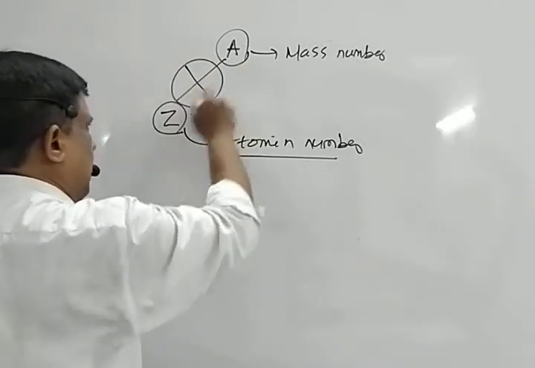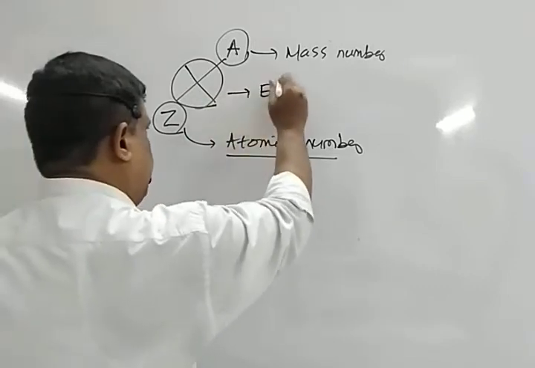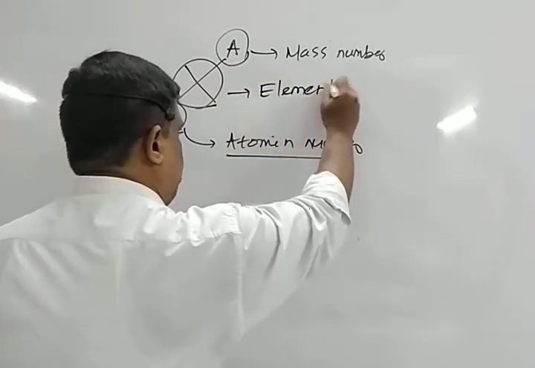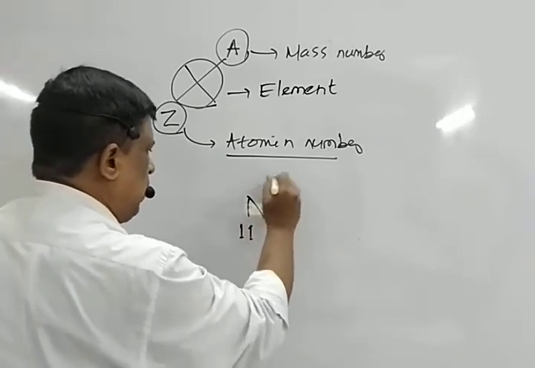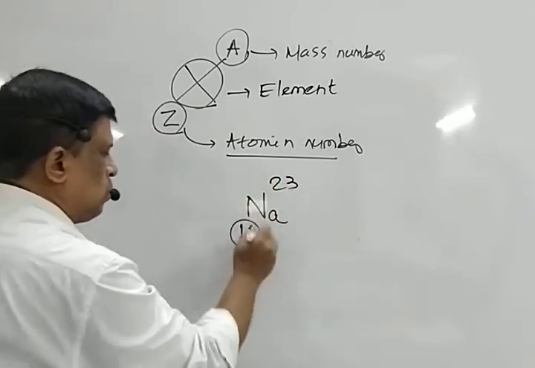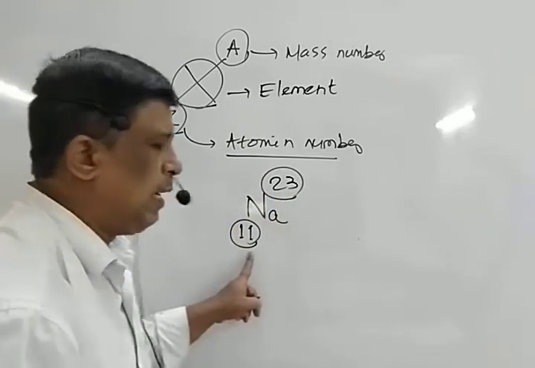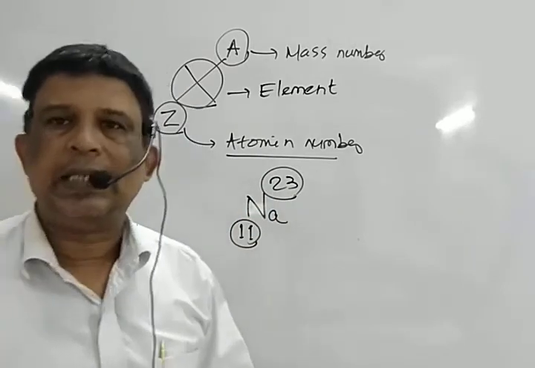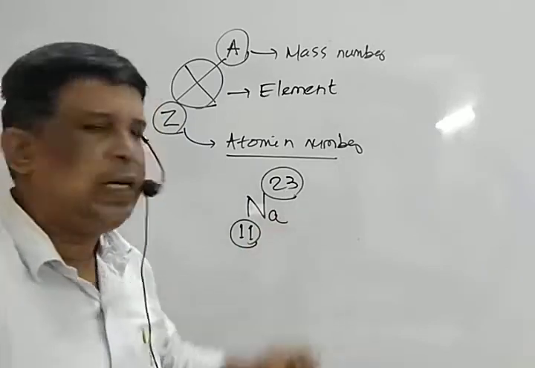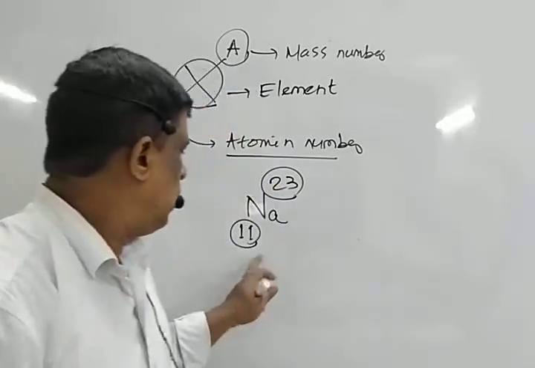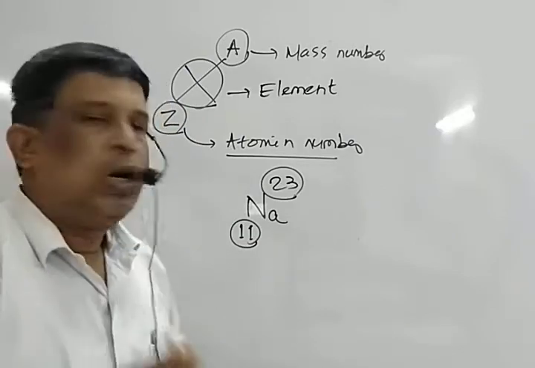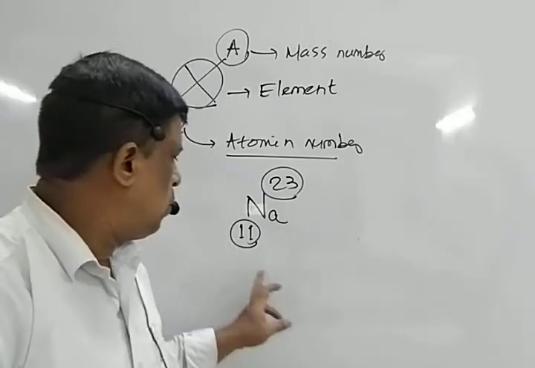X represents the element. For example, if I write sodium 11, 23, sodium 11, 23 indicates that 11 is its atomic number and 23 its mass number. That means total number of protons is equal to 11. Total number of electrons is equal to 11.